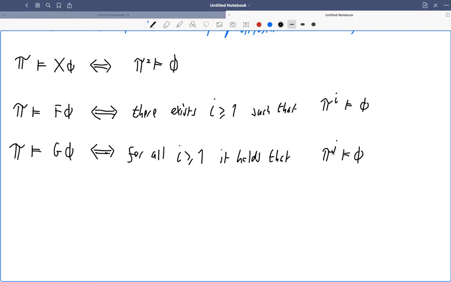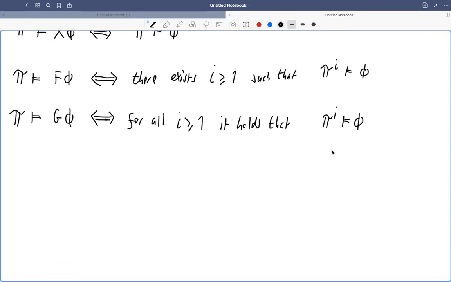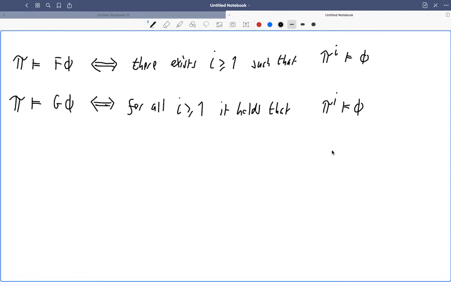Okay, so far. We now have 3 binary operators: until, weak until, and releases. So let's do until. So we had phi until psi.